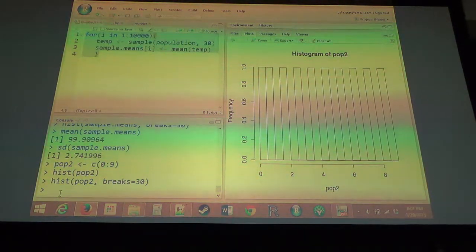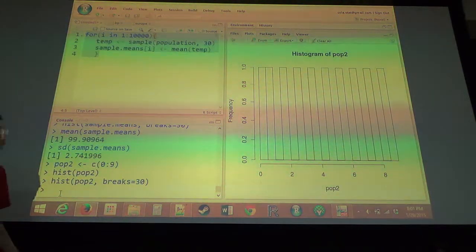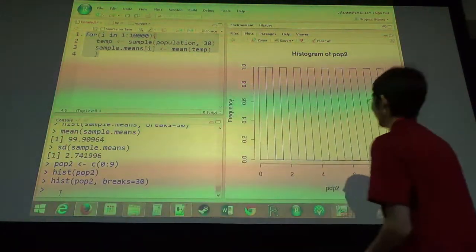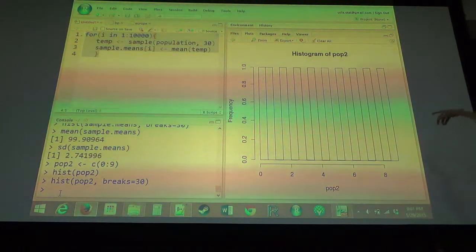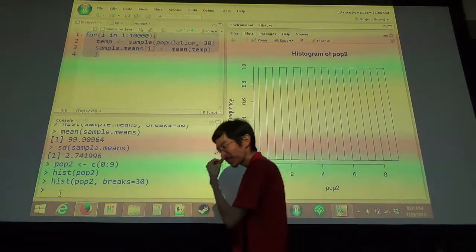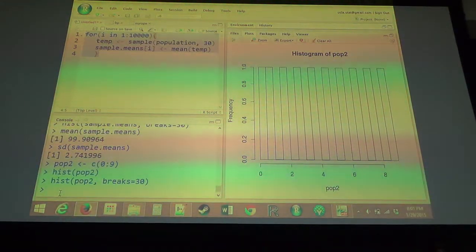Basically, each digit 0, 1, 2, 3, 4, 5, 6, 7, 8, 9 has an equal chance of being selected.